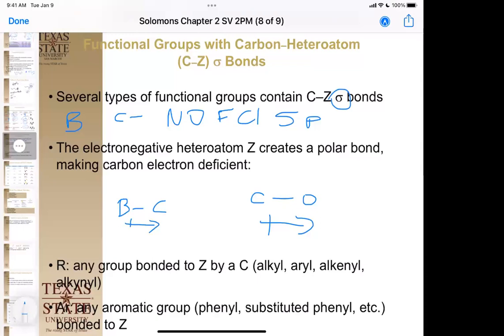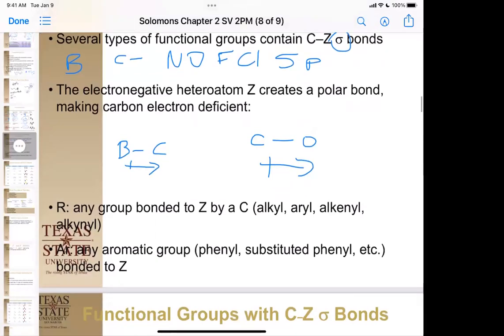Okay, so then when we talk about these groups, we also have to include that our R group can represent any alkane or alkyne, because again, those are just carbon-carbon bonds, and hydrocarbons count, or the aromatic compounds, or arenes.